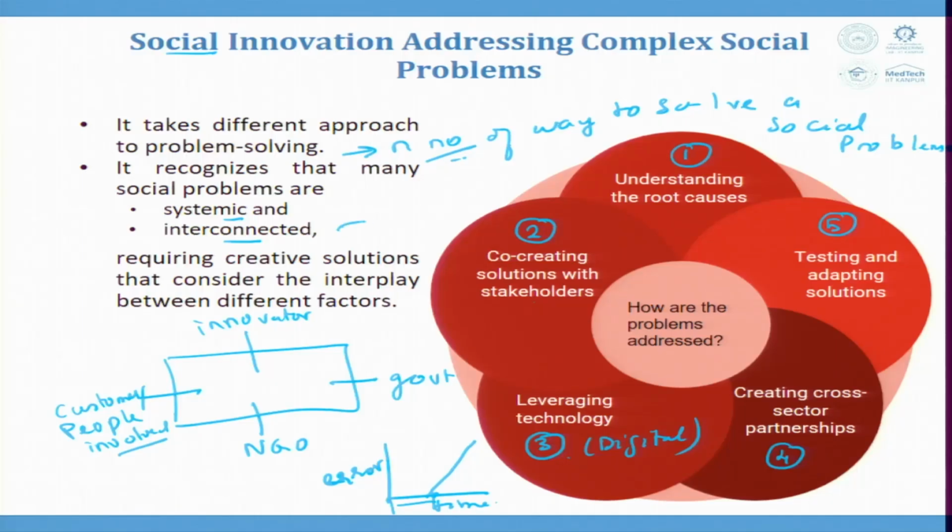Interconnection of a social problem means, suppose there are several problems or several ways, these are all different stakeholders and all these stakeholders are part of the team, okay, all of them are interconnected. Now, if you try to solve one subset problem, it is not going to take you to the solution. So, it is better that you try to solve all the interconnected problems such that you go towards the solution.